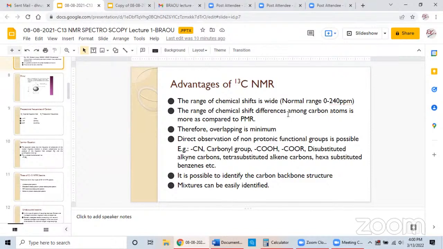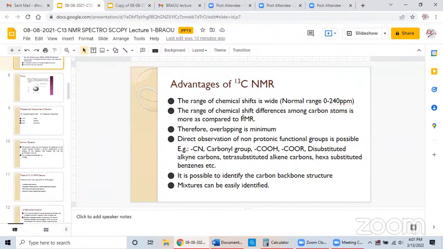The range of chemical shift differences among carbon atoms is more as compared to PMR, because protons of all organic molecules are observed in a very narrow range between 0 and 12 in most cases, and 14 and 16 only in very specific cases, but normally 0 to 10 only, to be precise. So protons of almost all complex or simple molecules fall in that region only.